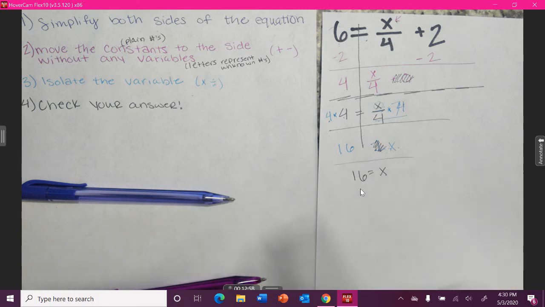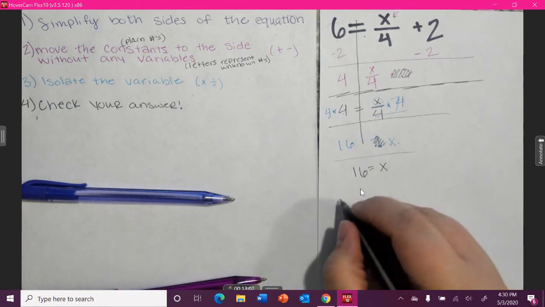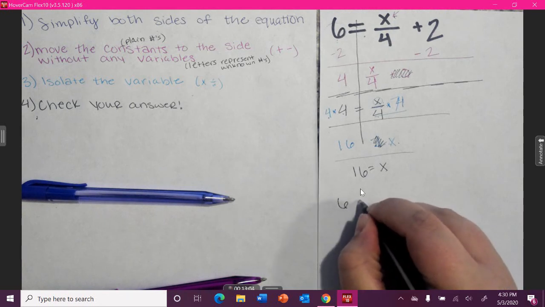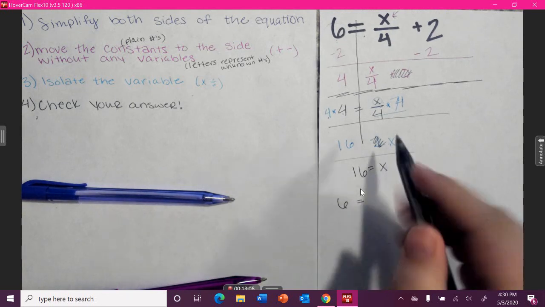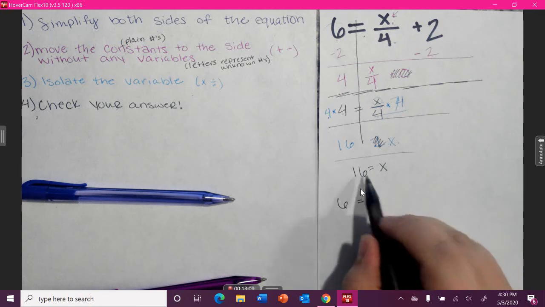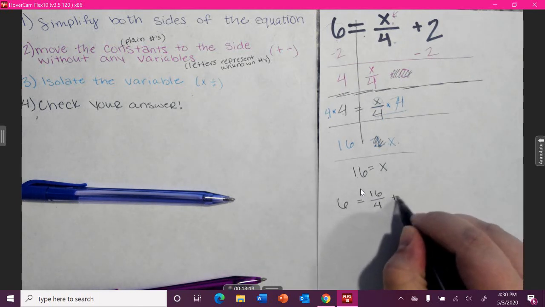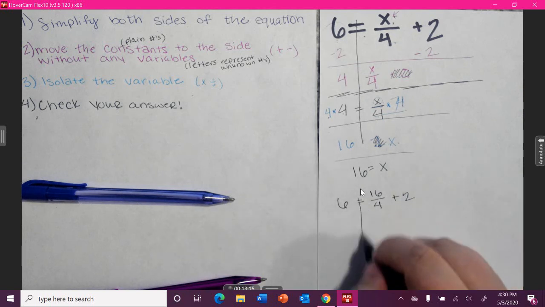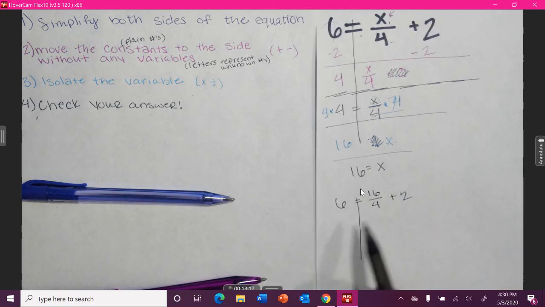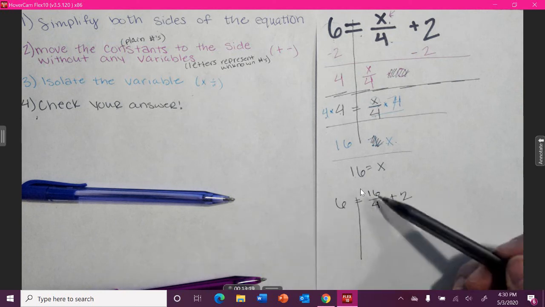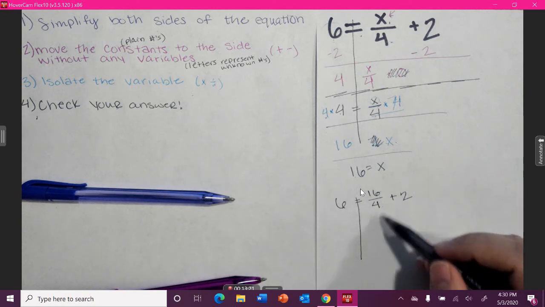We're not quite done. Now we need to check our answer to make sure that we were correct. We've got 6 equals, instead of x over 4, we can write 16 over 4, and then plus 2. Okay. On the right side, 16 over 4, that's our multiplication and division.